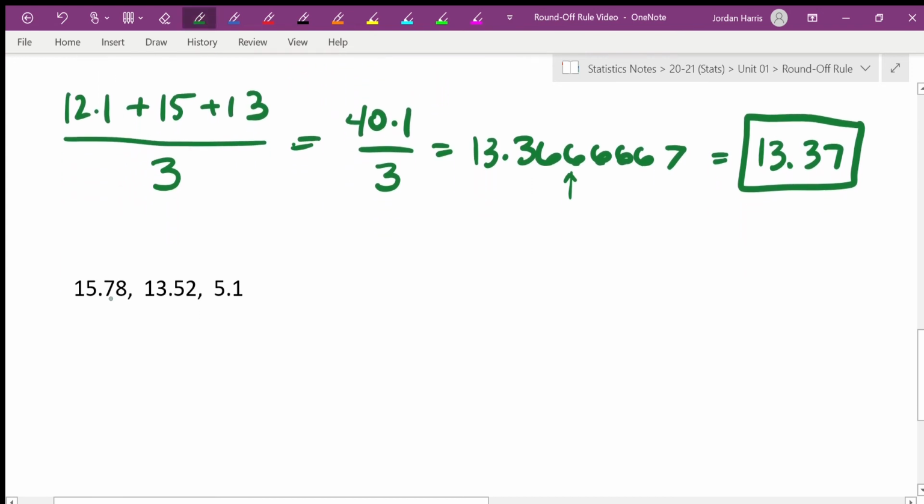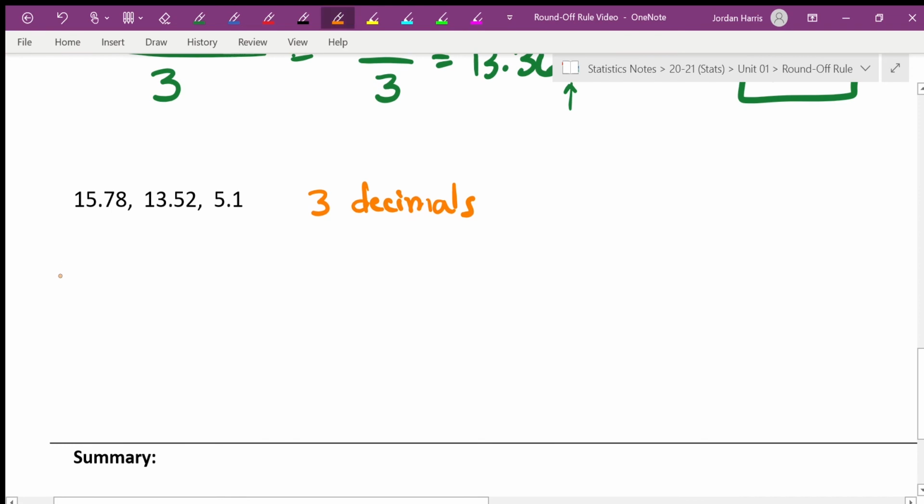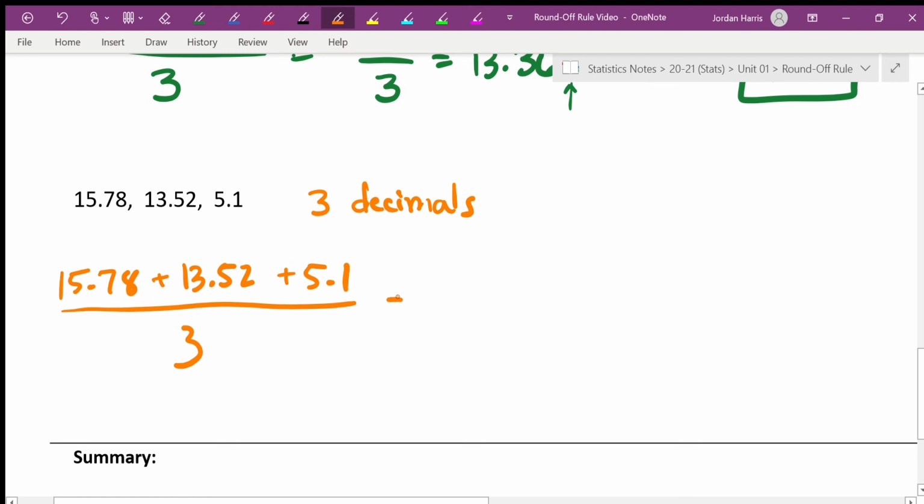Okay, next one. 2 decimals, 2 decimals, 1 decimal. So I'm going to have 3 decimals in the answer here. Find the average once again. I add them up, then divide by the number, and you should get 11.46667 on your calculator.